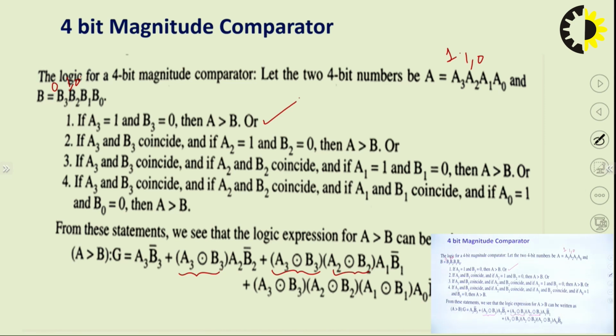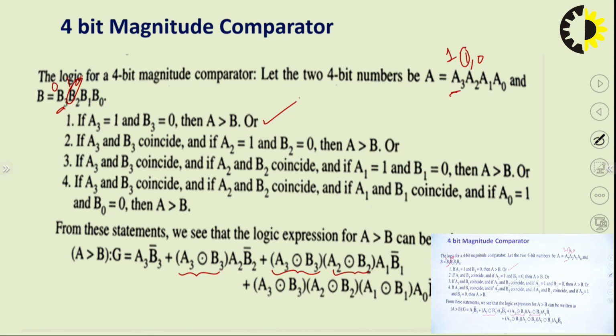And if A2 is equal to 1 in this case and B2 is equal to 0, then A is greater than B. If A3 and B3 are coinciding, meaning these two numbers are equal, then A2 equal to 1 and B2 equal to 0 means A is greater than B. Similarly, if A3, B3 and A2, B2 coincide, then if A1 is equal to 1 and B1 is equal to 0, then also A is greater than B.